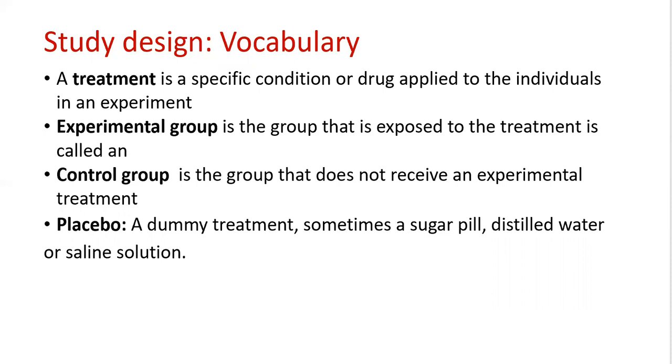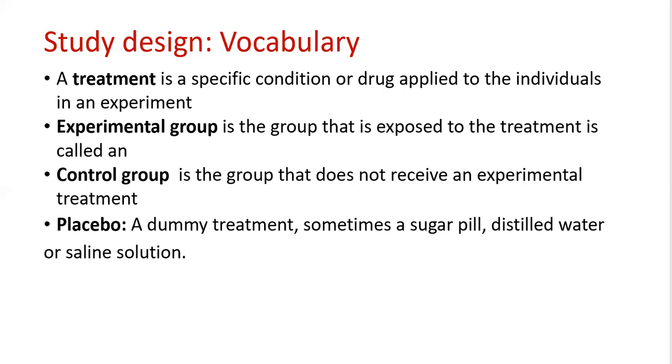So that's the group that actually received the vaccine. The control group is the group that does not receive an experimental treatment. So that's the group that gets a placebo, and that's the group that we're comparing the results with. And placebo is a dummy treatment, and sometimes it's a sugar pill, sometimes it's distilled water or saline solution.